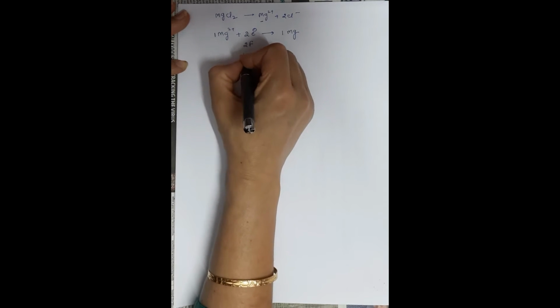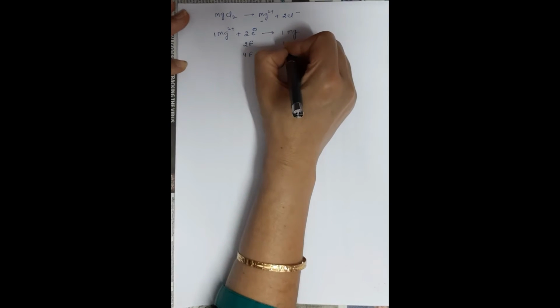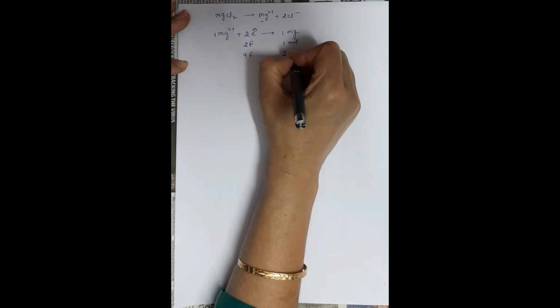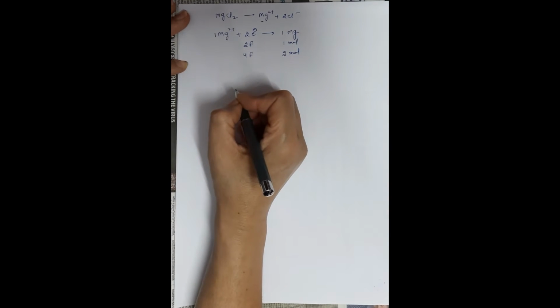So if I pass 4 Faraday, then naturally 2 moles of magnesium will be deposited here. Now I would like to formulate the law.